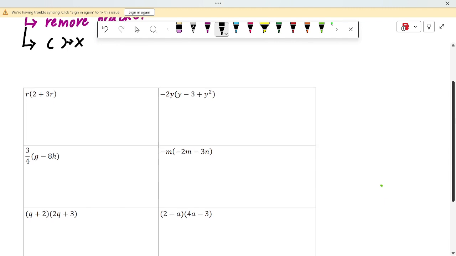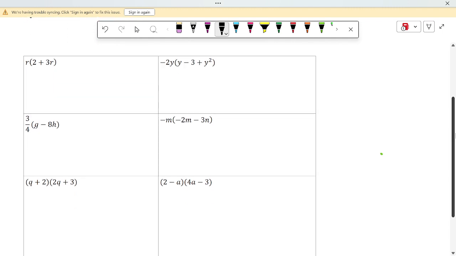Okay, so let's start with the first question. Expansion. There are two types of expansion. First, within one bracket. Another one will be within two brackets. So let's start with the first one with one bracket. The first step will be, we are going to remove the bracket by multiplying inside, 1, 2. You can see two arrows there. Why are there two arrows? Because there's two numbers inside the bracket.